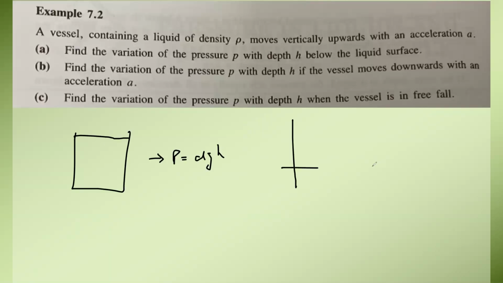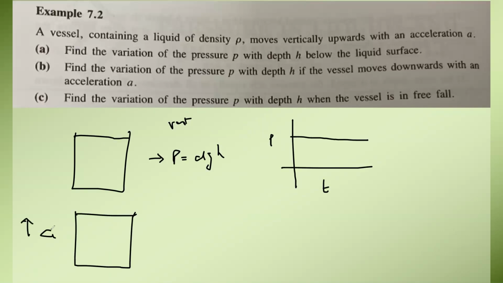So what should happen if this was stationary, if it was not moving? Then the pressure with reference to time should remain constant. But you have a container with the same amount of liquid, and that container is accelerating upward.